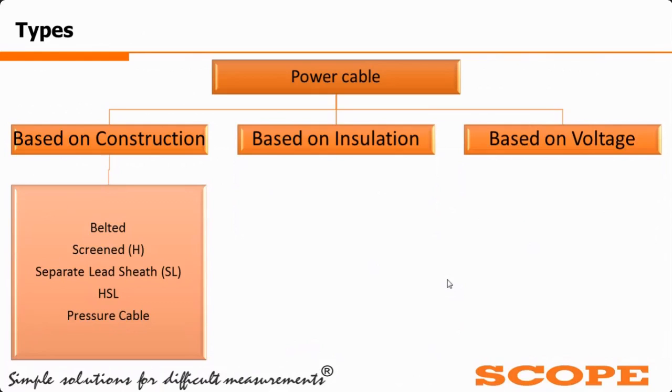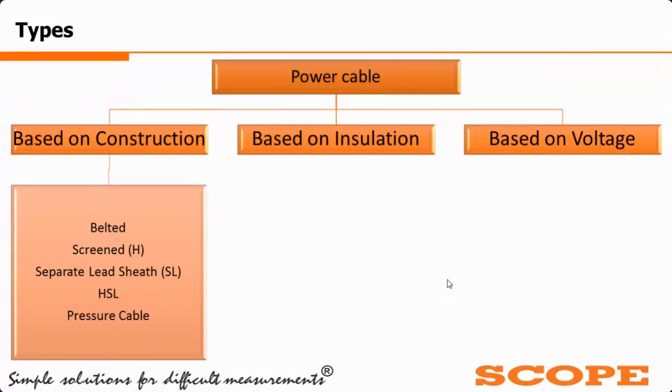All these screens are connected in contact with each other, which reduces the electrical stresses and dielectric losses in the cable. This cable is better than belted cables and is mainly used for applications up to 33 kV.